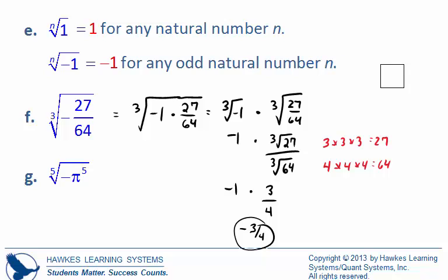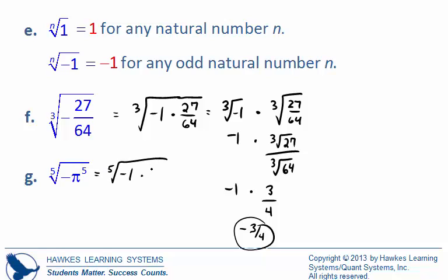All right, let's look at part G. Part G asks me to find the 5th root of negative pi to the 5th. Now again, we want to look at this as being the 5th root of negative 1 times pi to the 5th.